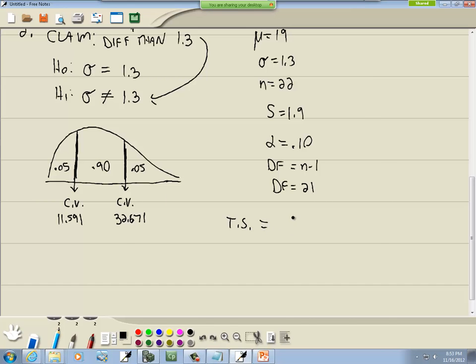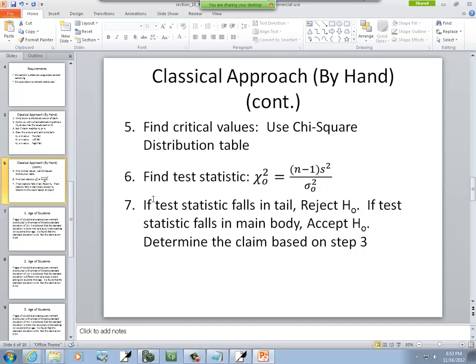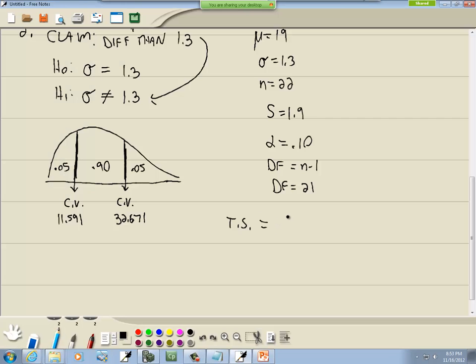Okay, our test statistic. This is off of step 6, and it's equal to n minus 1 times s squared over sigma squared. Well, n is 22, so we got 22 minus 1 times s, 1.9 squared, over sigma. And this is just a number off of your claim. Even if sigma is not given over here, this is always just a number off your claim. So this is 1.3 squared.